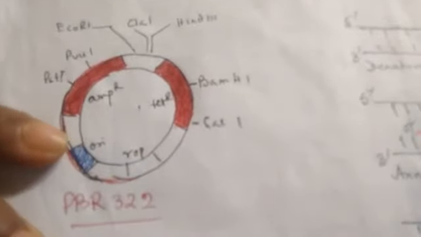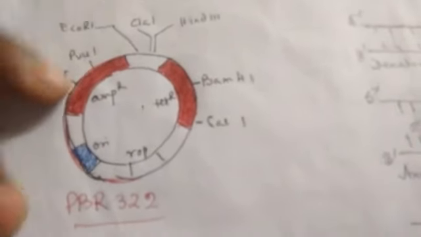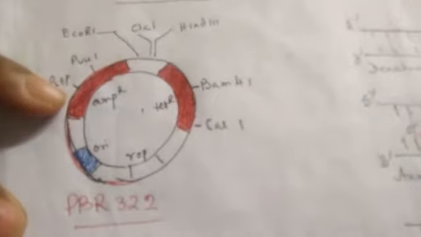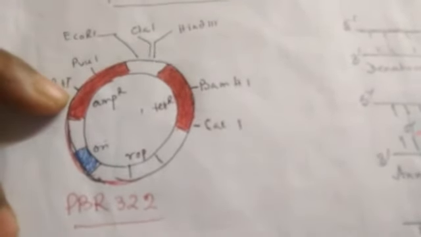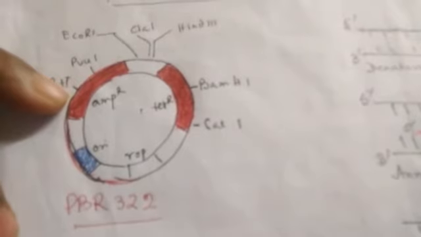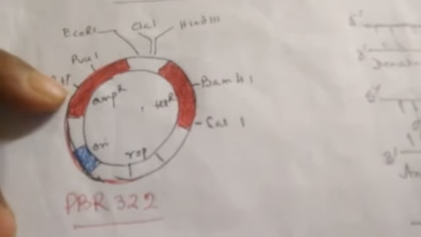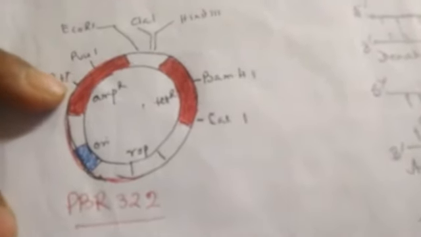Next is the recognition site. If we go to the recognition site, you will find there are multiple recognition sites of various restriction enzymes. So you know this is a human modified plasmid.